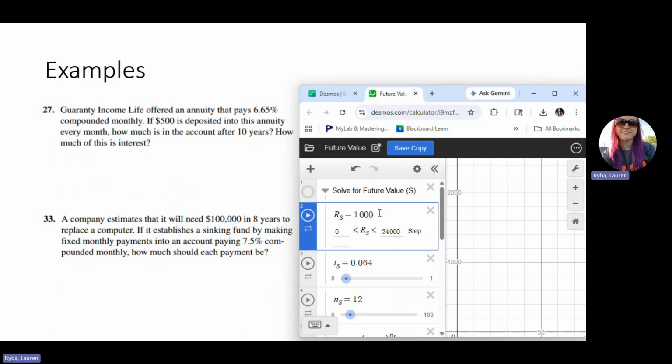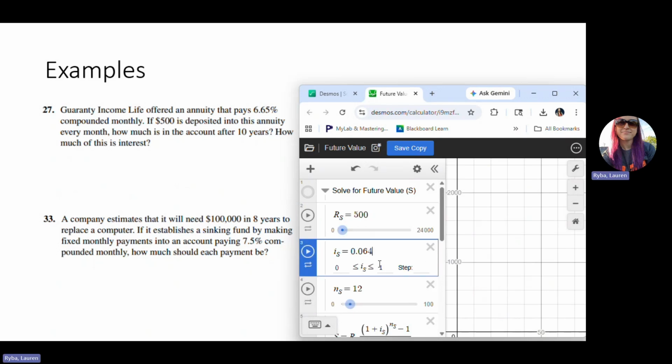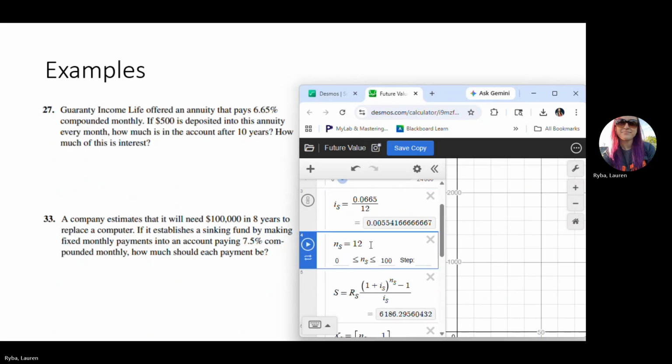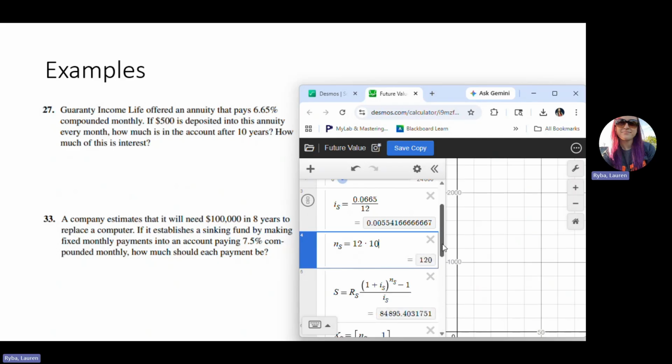So we are going to deposit $500. The interest is 6.65 monthly. So that is 0.0665 over 12. 12 times a year times 10 years. You can actually type it as 12 times 10, or you could type in 120.